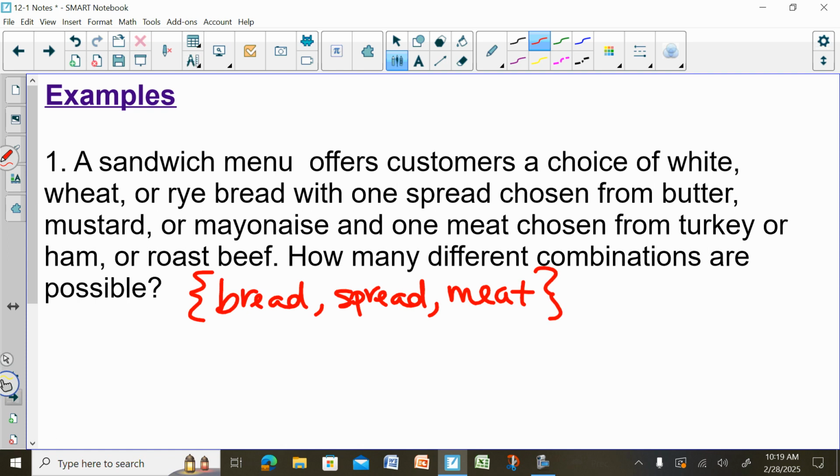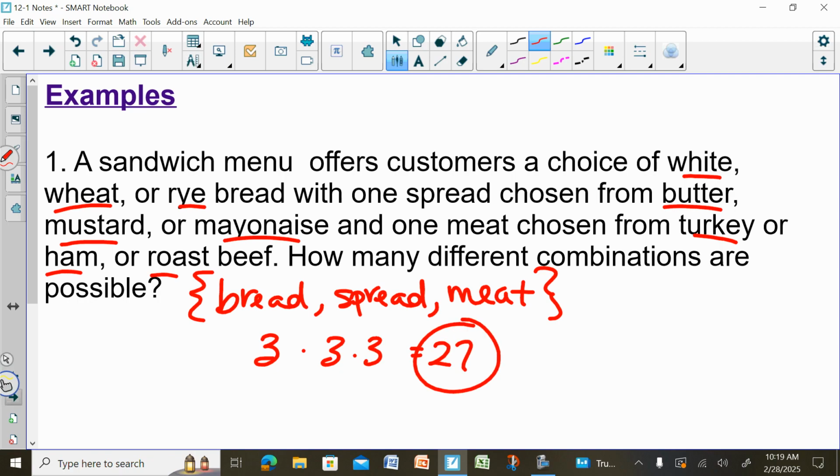By organizing our thoughts in that format, we can go back and say there were 3 choices of breads, 3 choices of spreads, butter, mustard, and mayo, and I believe there were 3 meats, turkey, ham, and roast beef. And so we ended up with 27 total different sandwiches that had 1 type of bread, 1 type of spread, and 1 type of meat.